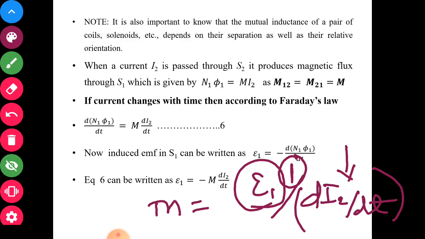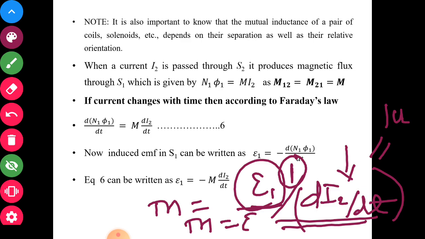What does it mean? E1 is the electromotive force produced in the first coil, divided by the rate of change of current in the second coil. If we take this dI2/dt as 1 unit, then M is equal to E1. So we can define M as the electromotive force produced in the first coil for the unit rate of change of current in the second coil.